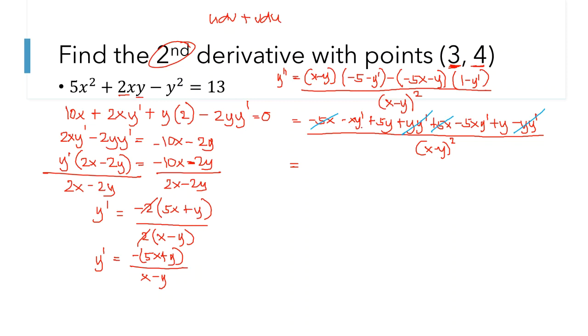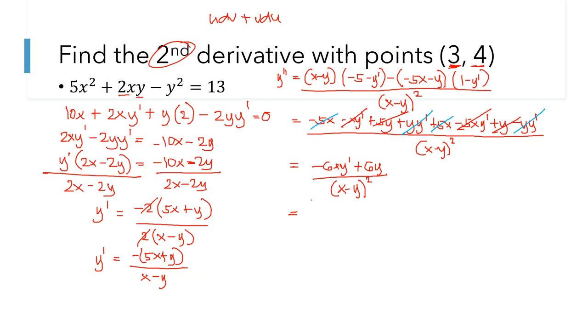Negative xy prime and negative 5xy prime, that is negative 6xy prime. 5y plus y, that is 6y, all over x minus y squared.